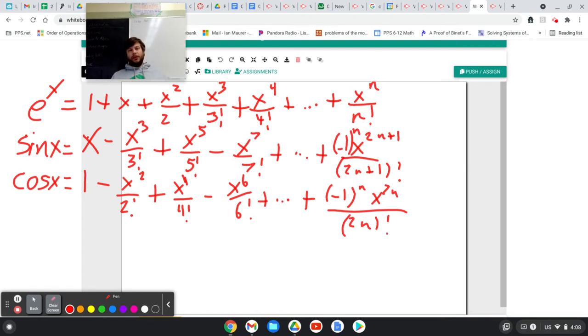What I hope you're seeing here is that these are similar things. Sine has all the odd powers, cosine has all the even powers.